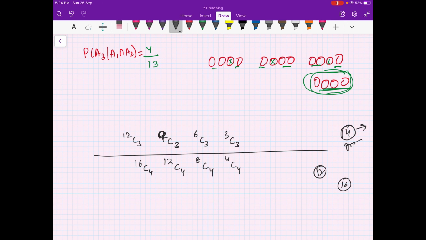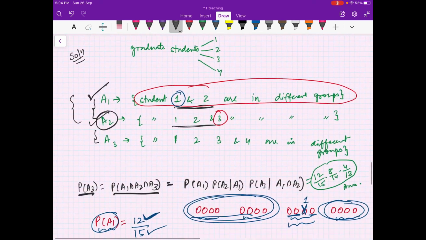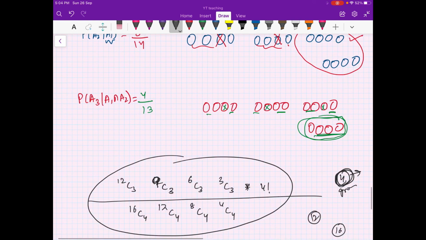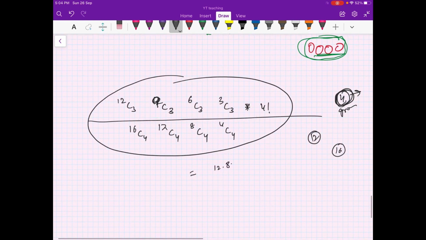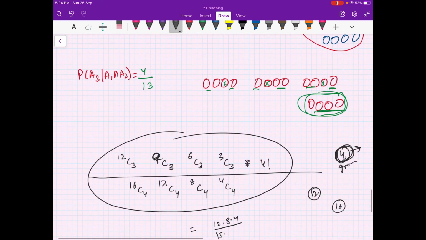And then these 4 students, you give 1 to each group. So the possible ways of distributing 1 student to each group is 4 factorial, right? So you calculate it, you simplify it, and you'll get the same result, which is 12 into 8 into 4 divided by 15 into 14 into 13.